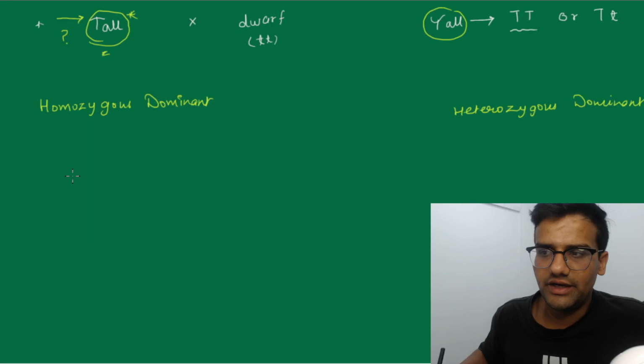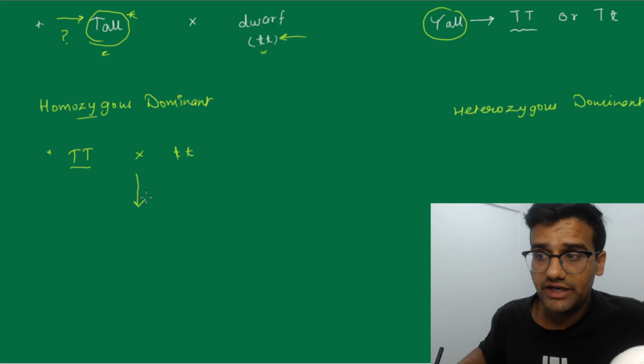If the genotype is homozygous dominant, we cross this plant with the homozygous dwarf, small t small t. If it is homozygous dominant, all the plants in the next generation would be tall, 100% tall plants.